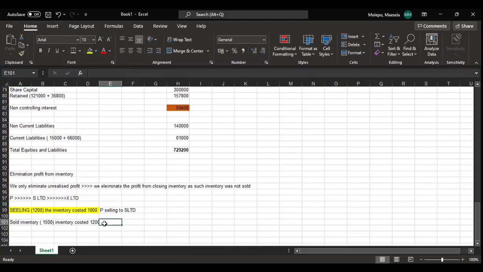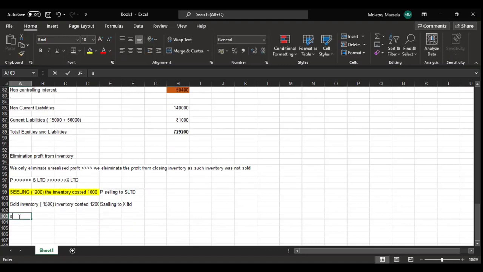So this side is selling to X Ltd. S Limited takes the inventory and sells to X Limited, and X sold to outside at 1.5.